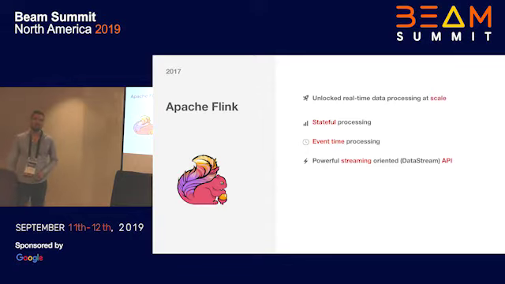What Flink really did for us was unlocking real-time data processing at scale. It introduced features that didn't really exist in Paastorm, things like stateful processing, event time processing, and an overall API much more powerful than what we had. Developers can program against a data stream.